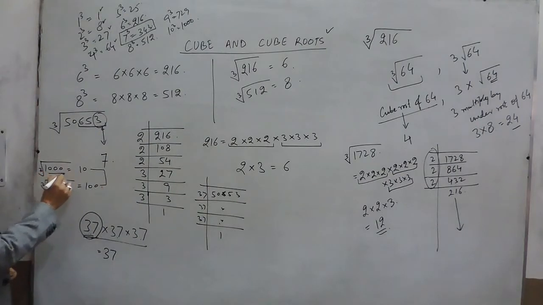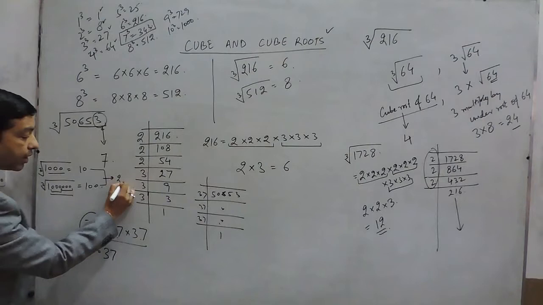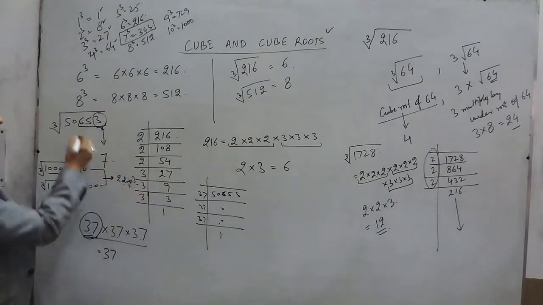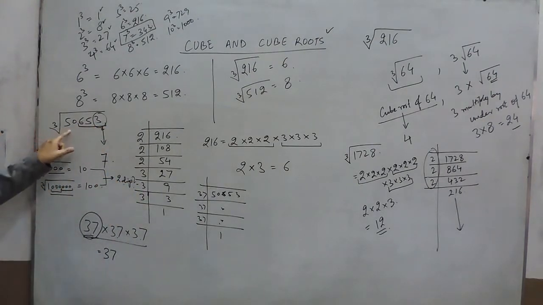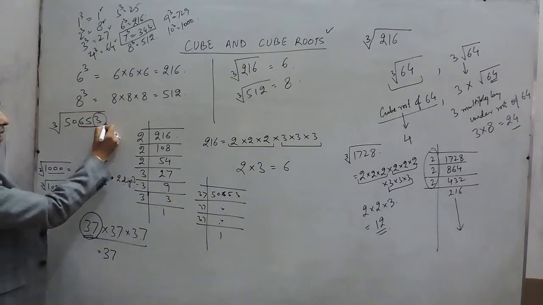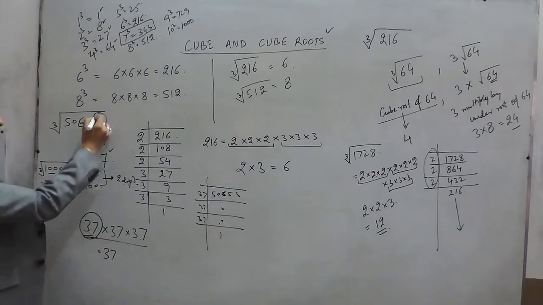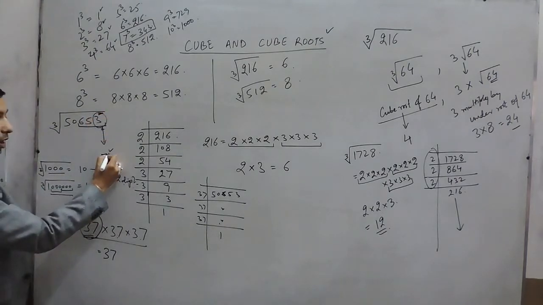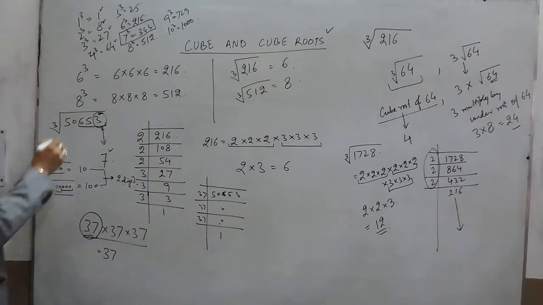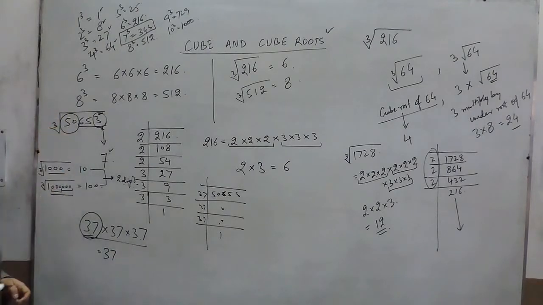Any number between 1000 and 10 lakhs has a cube root that must be a 2-digit number. So here, because there are 5 digits, we understand that the cube root must be a 2-digit number. The last 3 digits determine the unit digit, and because the unit digit is 3 here, it must be 7. Now we are finding the cube root of 50.